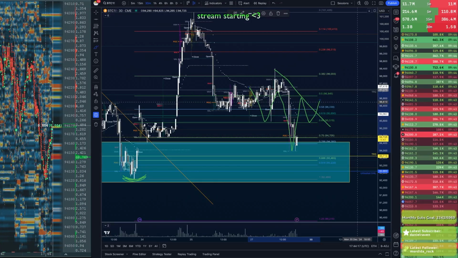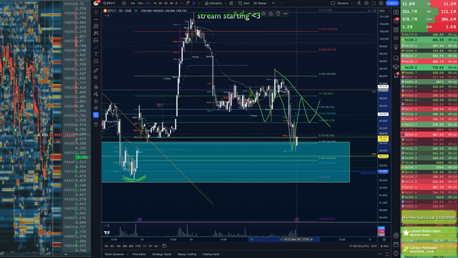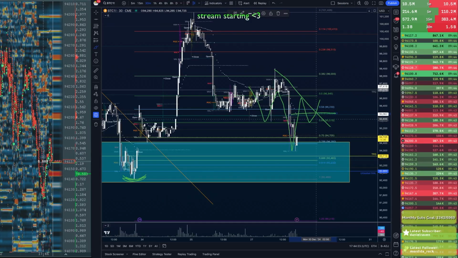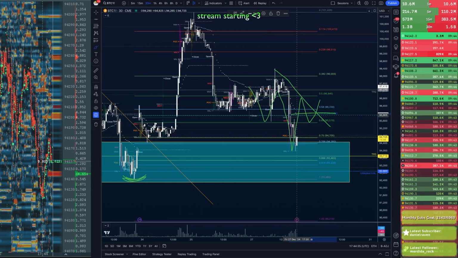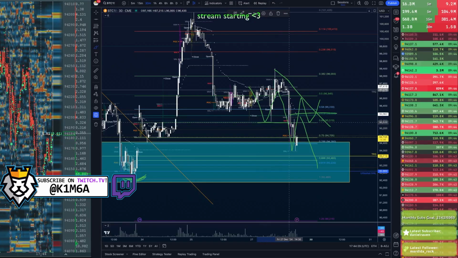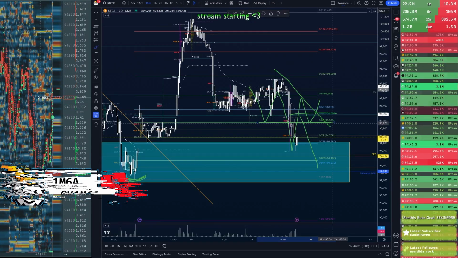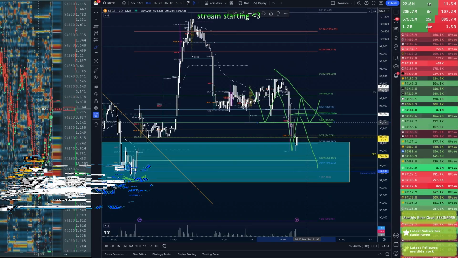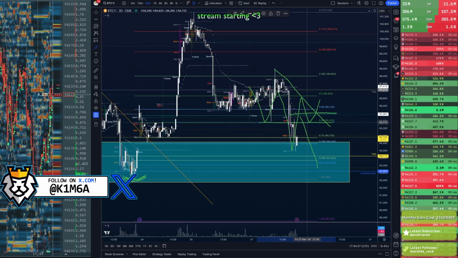Okay, so if this blasts through the golden pocket and or the VWAP, and it's not a simple bounce, then you know that that is going to be what you're going to be looking at for a potential long. Does that make sense?